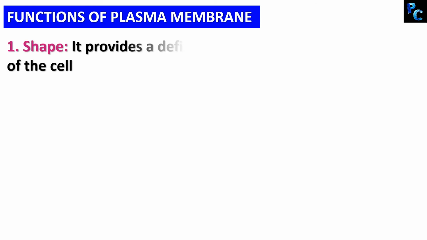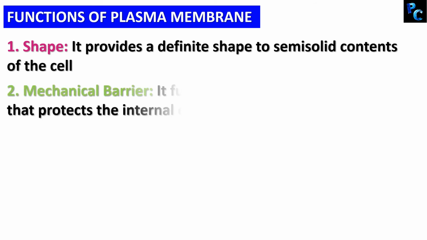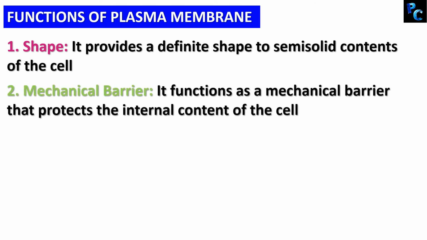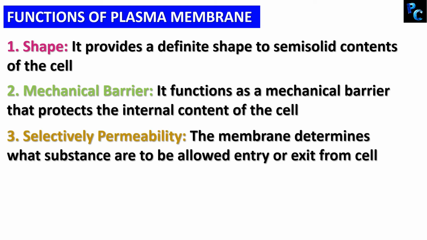Now let's see some functions of plasma membrane. It provides a definite shape to the semi-solid content of the cell. It functions as a mechanical barrier that protects the internal content of the cell. The membrane determines what substances are to be allowed to enter and exit the cell.